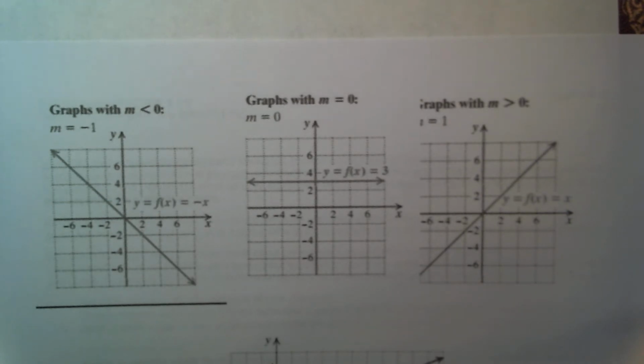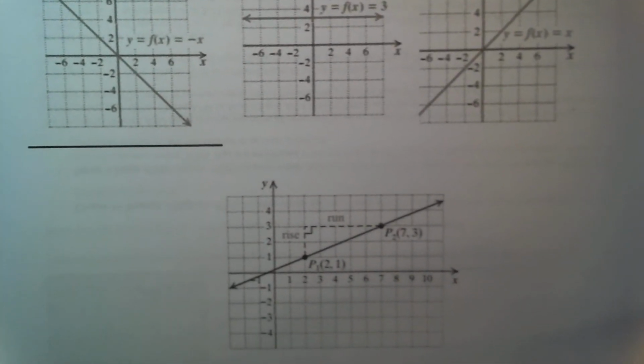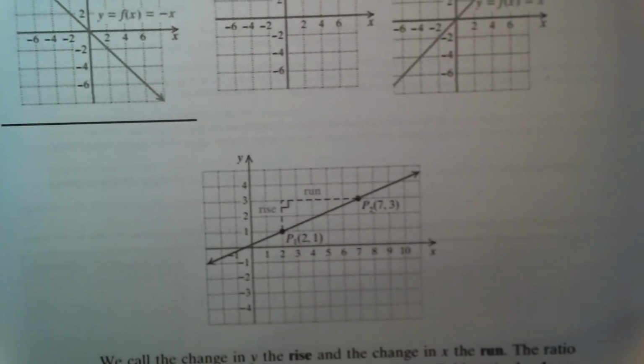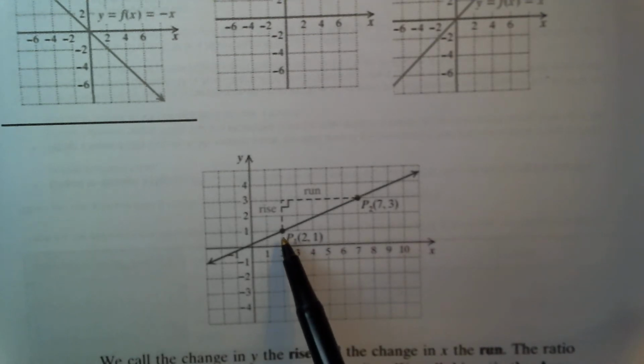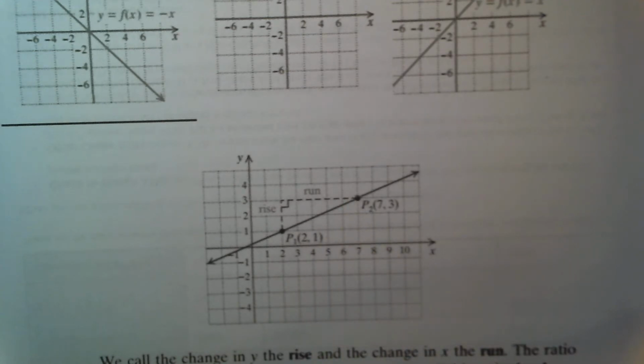And just from looking at any graph, you should be able to determine whether it's a positive slope, a negative slope, or a zero slope line. And again, to define what slope is, it's rise over run, in other words, by how much the line rises divided by the run. And so that is the slope.